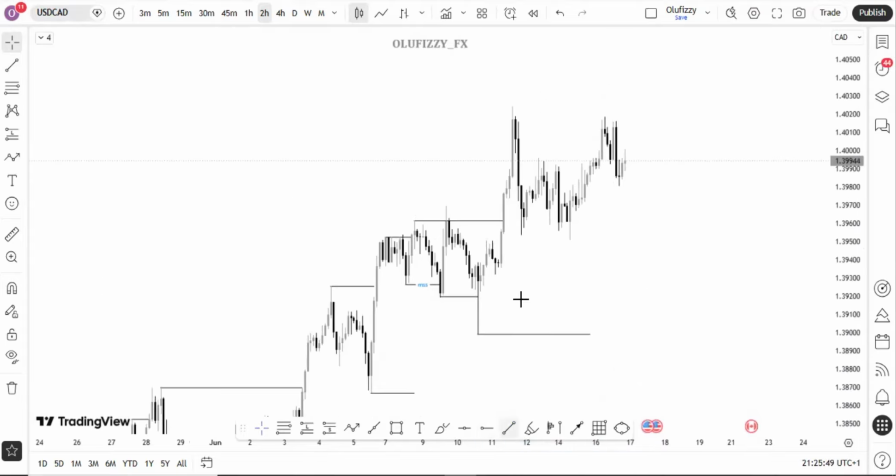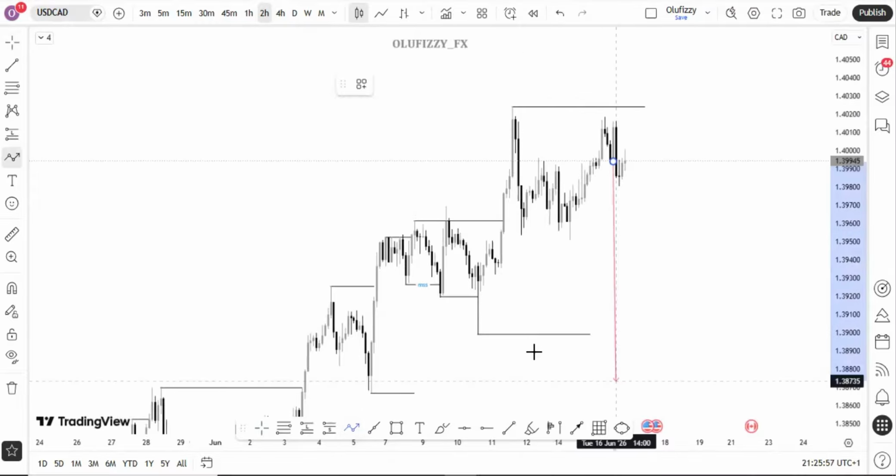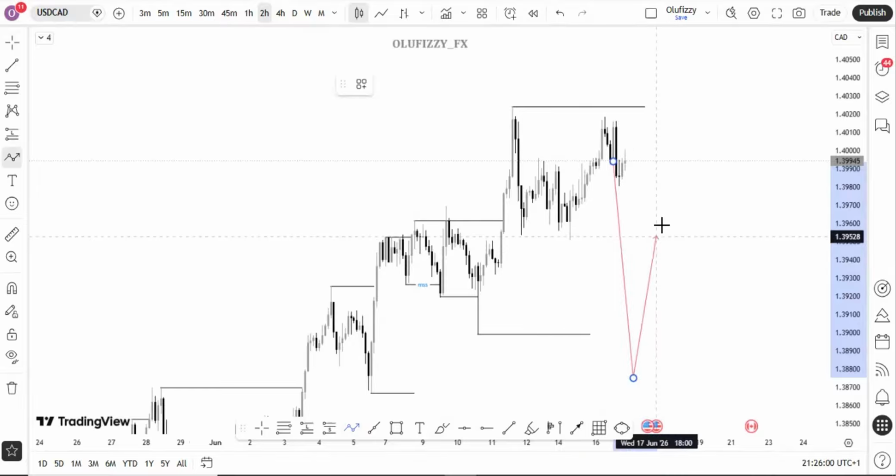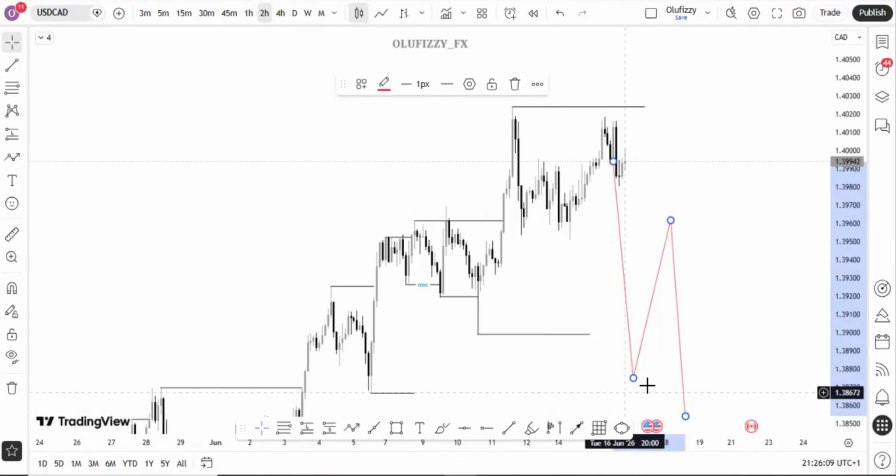So for us to say we have any kind of market structure shift, price has to come down here, maybe break out this low with body, and after price does that, maybe price gives us another pullback and another break of structure. Then you can say, okay, can I be looking for sells. But if not, this market is still in a bullish market condition.